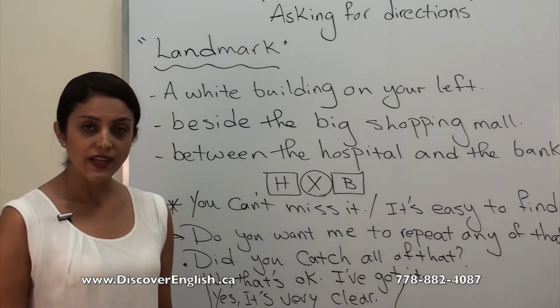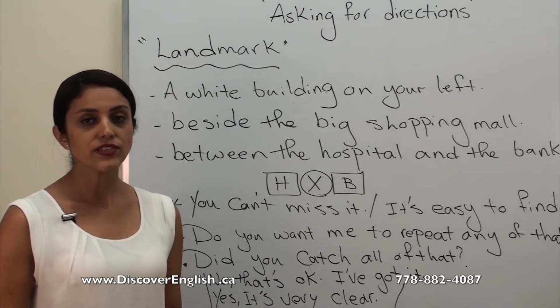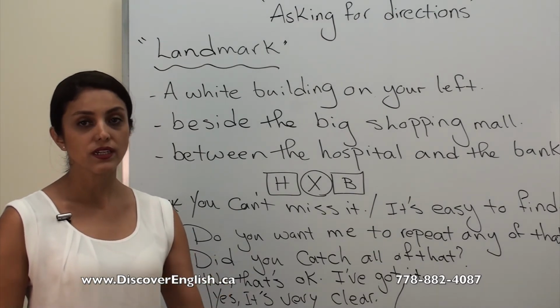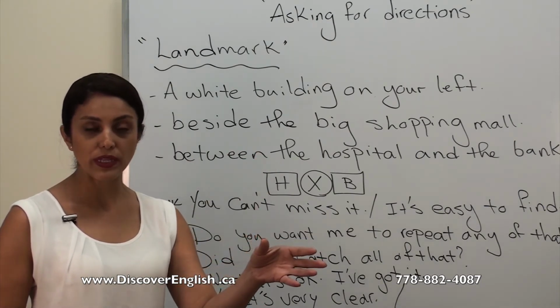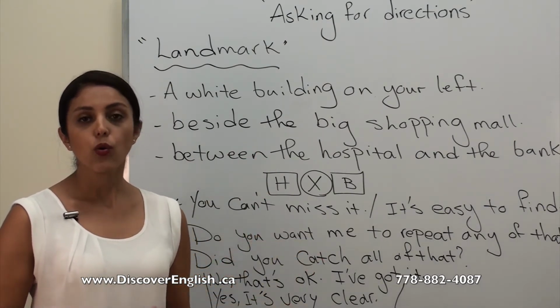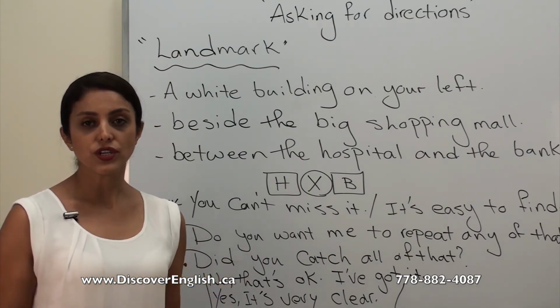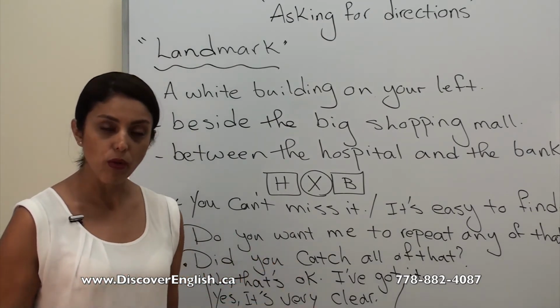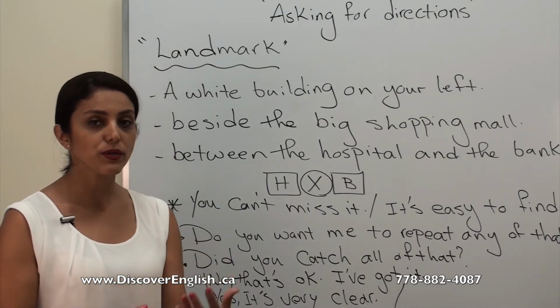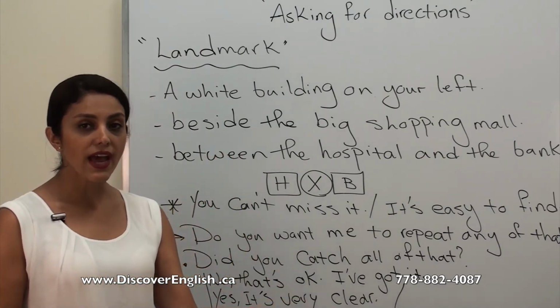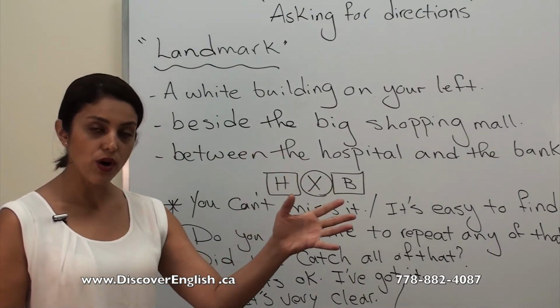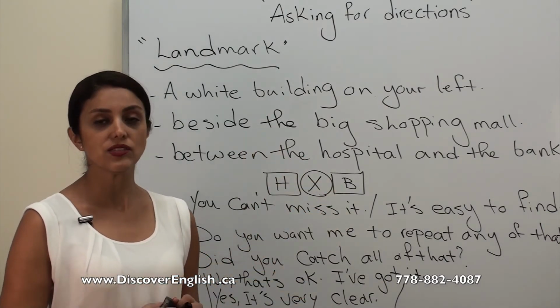Sometimes for giving the address, it's easier to use a landmark, right? For example, a very specific building or a place, such as a movie theater or a big shopping mall. Everybody, for example, knows that place, and whenever you give the address, you can use that landmark to help them find the place easier.